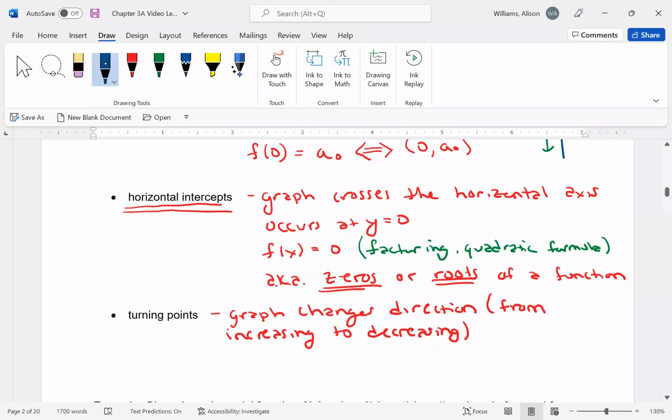Because I muddled that graph, let me do a different graph here. I'll make it a little more exciting. Let's see, how about something like this? Wow, so exciting. This one has 3 different turning points. It turns right here, going from decreasing to increasing, it turns right here, going from increasing to decreasing, and it turns right here again, going from decreasing to increasing. So those 3 represent turning points. We'll get into that in more detail in a little while.